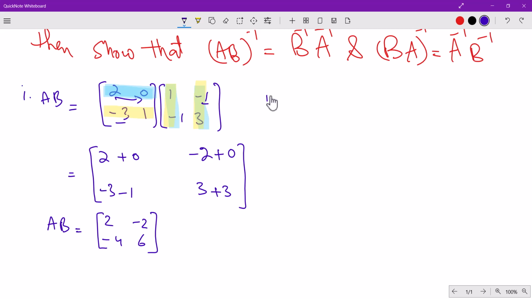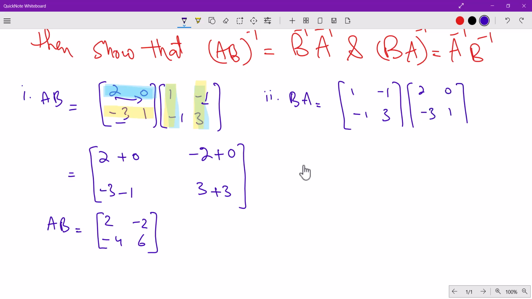Now part number 2, BA. Matrix B is equal to [1, -1; -1, 3] and matrix A is equal to [2, 0; -3, 1]. 1 multiply 2 is 2, minus 1 multiply minus 3 plus 3, then 1 multiply 0 is 0, minus 1 multiply plus 1 which is equal to minus 1.